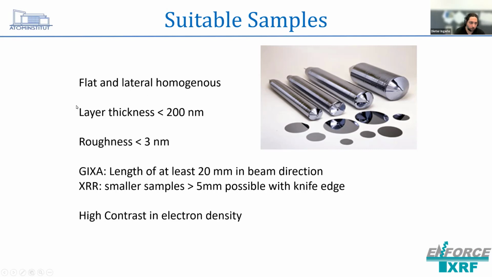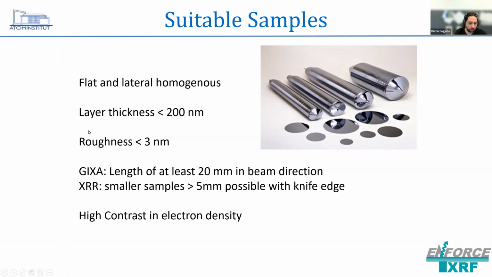Anyway, the main point is that the surface should be flat and homogeneous. So it should have a surface roughness well below 3 nanometers, which is of course given for these industrial wafers, which have roughness which is even below 1 nanometer sometimes.